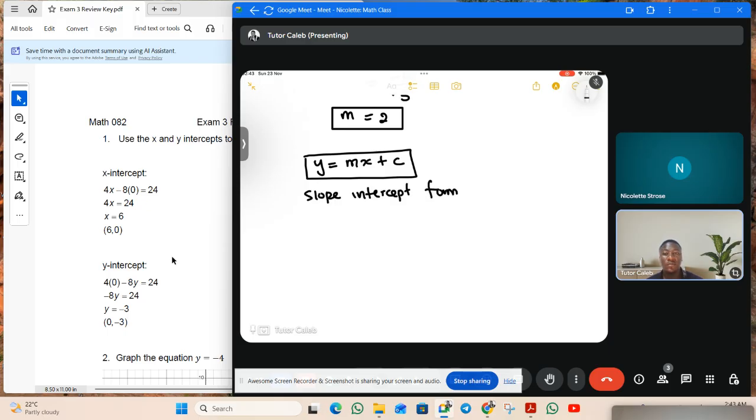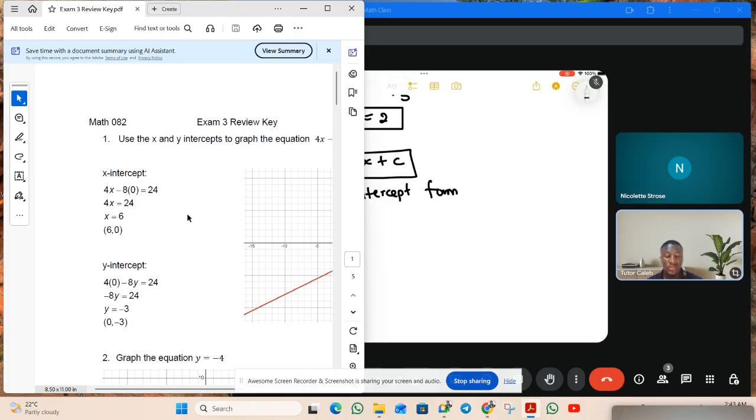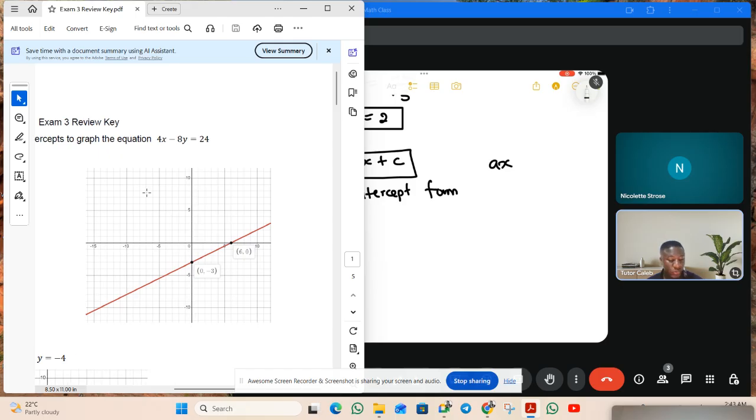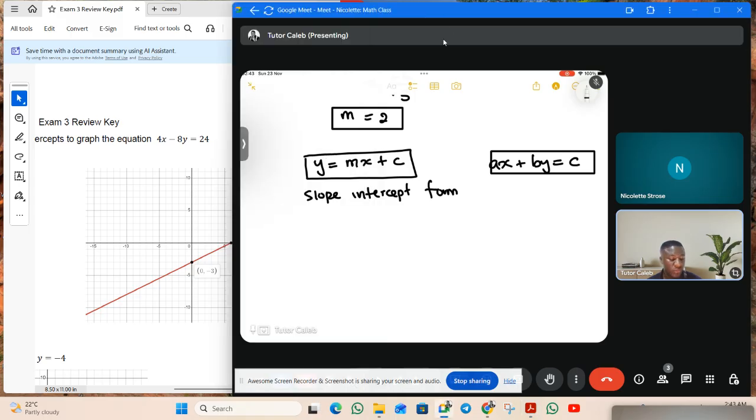There's another form that looks like this: ax plus by equals c. They call this the standard form.